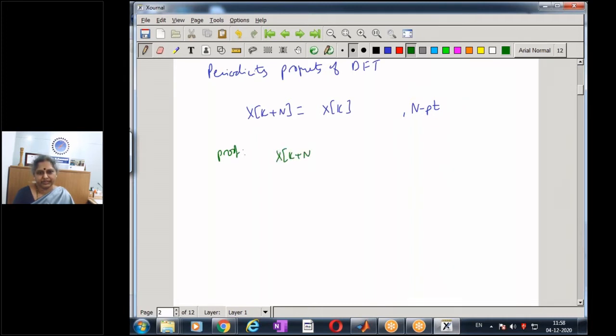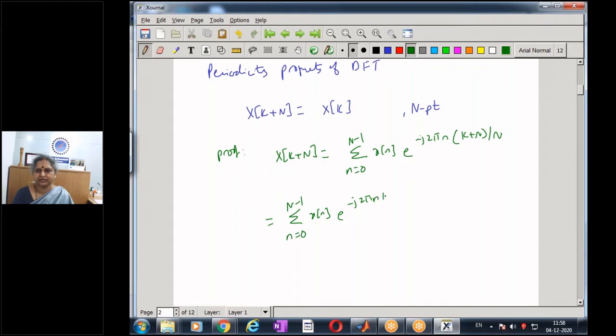By definition, x of k plus N is equal to sigma n equal to 0 to N minus 1 x of n e to the power of minus j 2 pi n times k plus N divided by N, and this becomes sigma n equal to 0 to N minus 1 x of n e to the power of minus j 2 pi nN by N as one term, and the other term is e power minus j 2 pi nk by N. Here N gets cancelled, and e power minus j 2 pi n, n being an integer, is a 1.